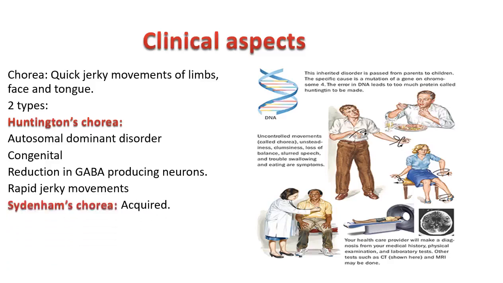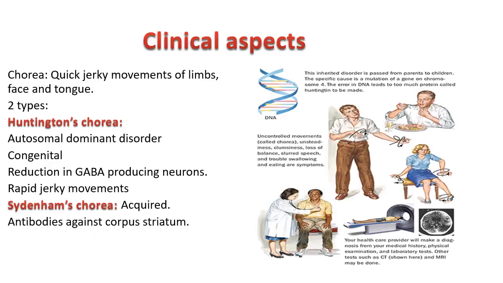Whereas Sydenham's chorea, St. Vitus dance, is acquired. The most common condition is after a streptococcal infection, so rheumatic fever. Post rheumatic fever complications might occur. One is Sydenham's chorea.